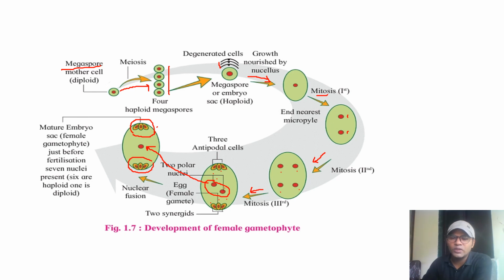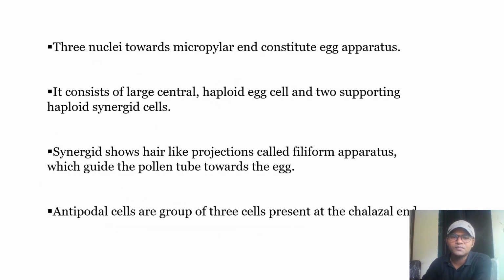That's why this is counted as 1 cell: 3, 3, 6 and 1, 7 cells. But it shows the presence of 8 nuclei: 3 at chalazal, 3 at micropylar end and 2 nuclei in the middle.